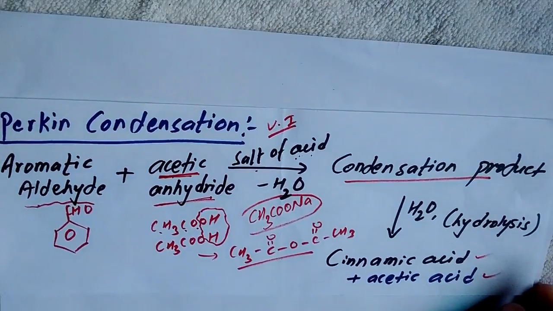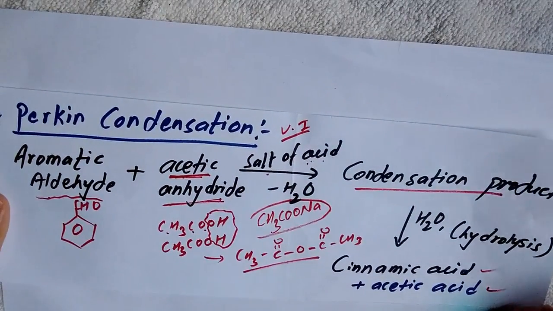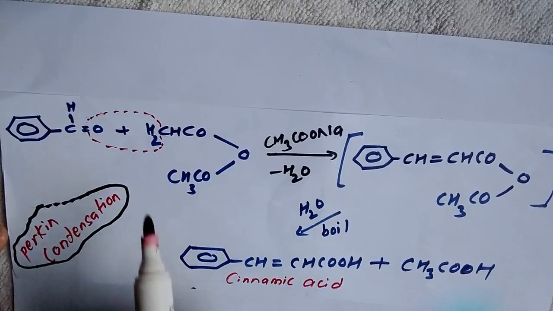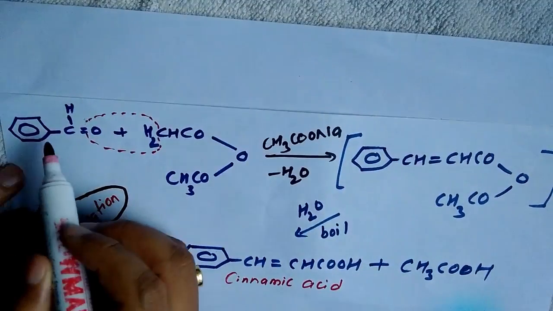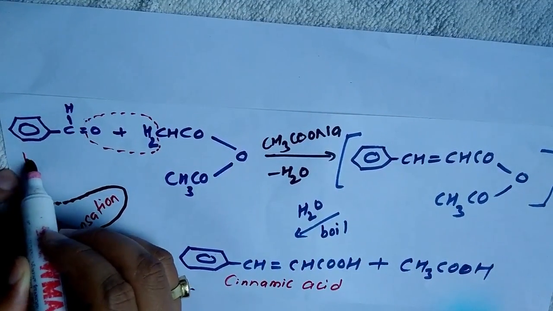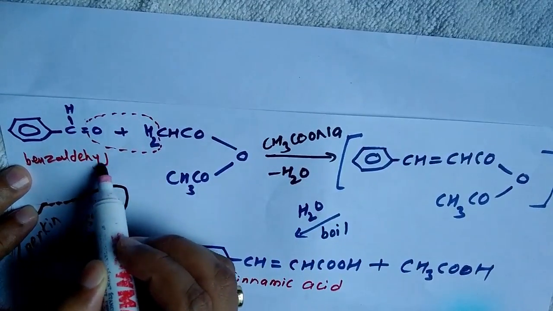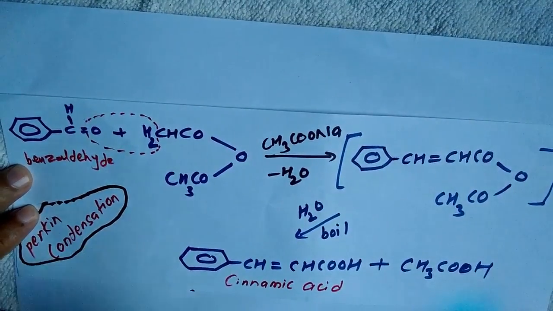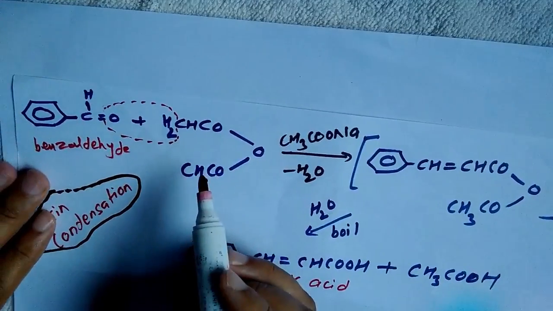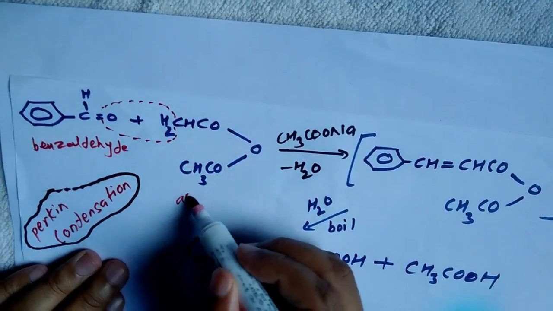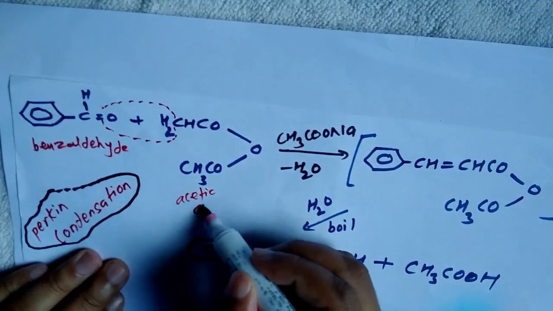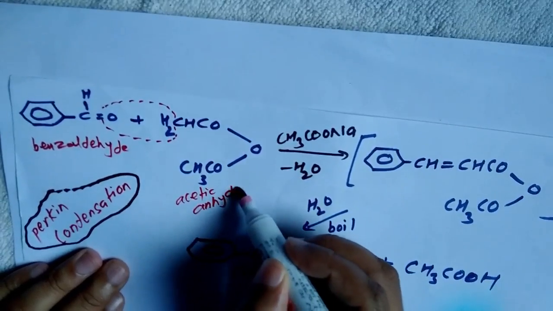Let us see the chemical reaction involved in the Perkin condensation. Here benzaldehyde reacts with acetic anhydride. This is acetic anhydride. We are showing the mechanism here.